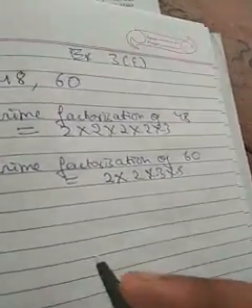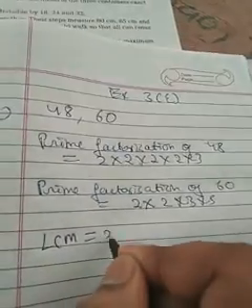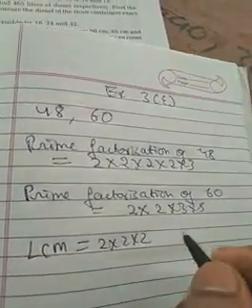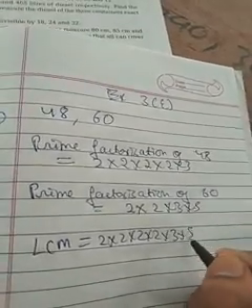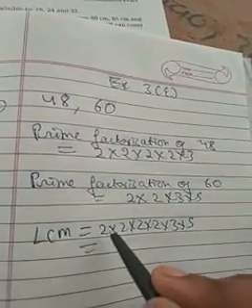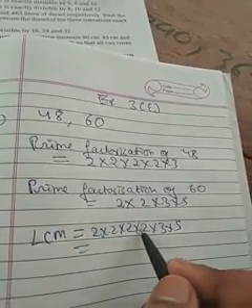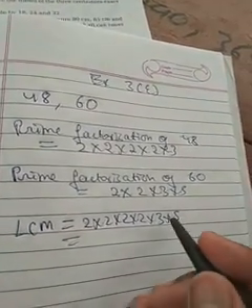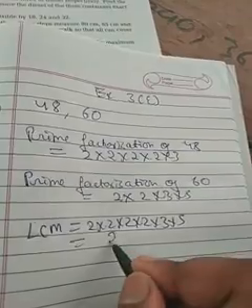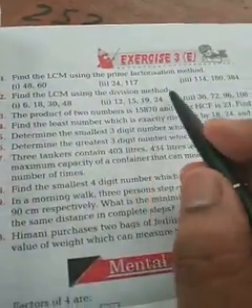So the LCM is equal to 2 into 2 into 2 into 2 into 3 into 5. 2 2s are 4, 2 4s are 8, 2 8s are 16, 16 5s are 80, and 80 3s are 240. So the LCM is equal to 240. Now the rest of the part you can do as homework.